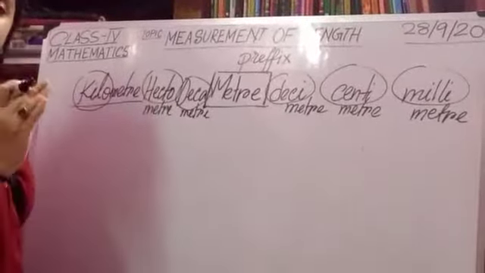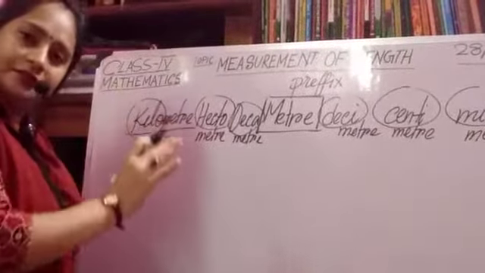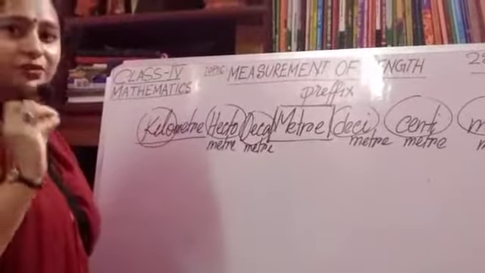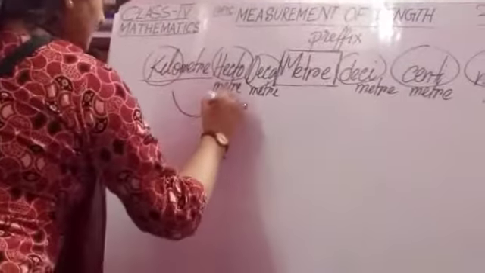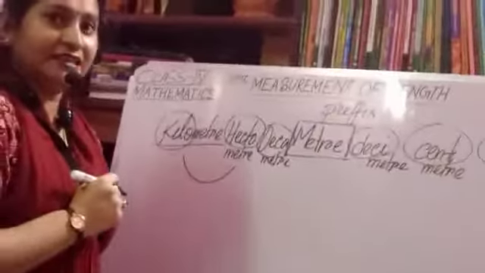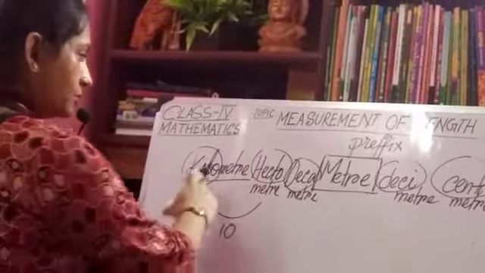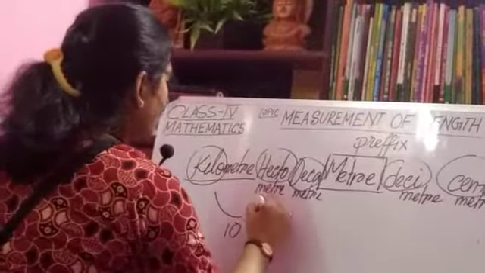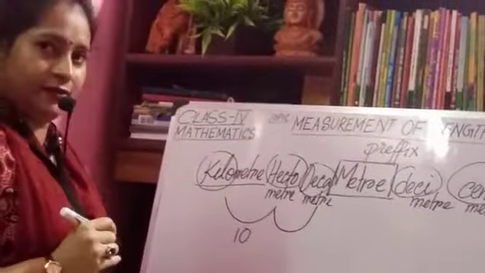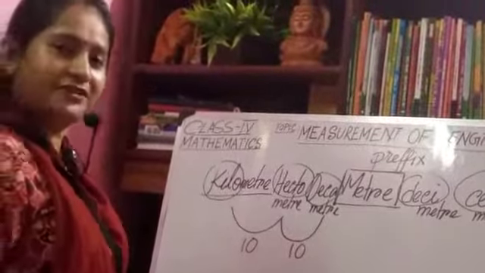And certain prefixes we use to denote either the greater or the smaller units of length. Between each unit there is a gap of 10. So from kilo to hecto, there is a gap of 10. From hecto to deca, again there is a gap of 10. Right?